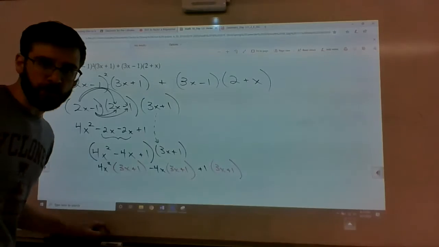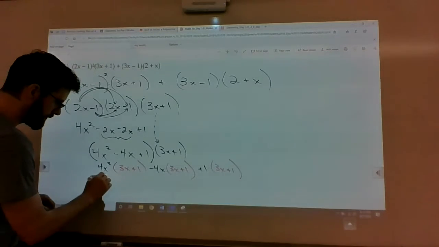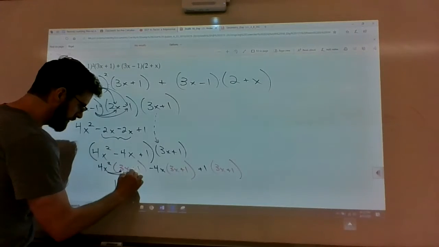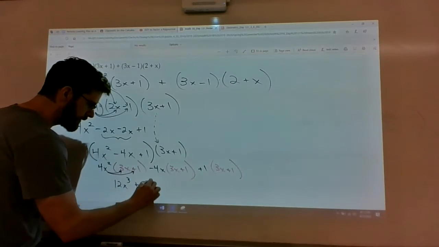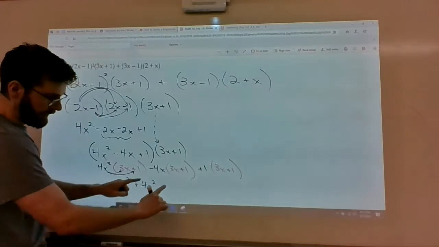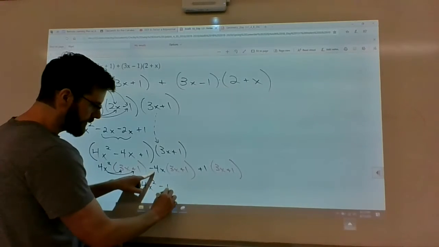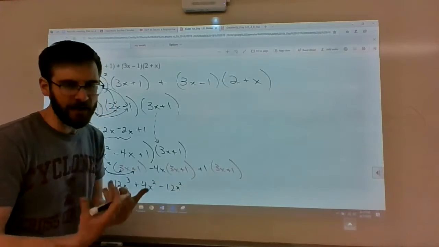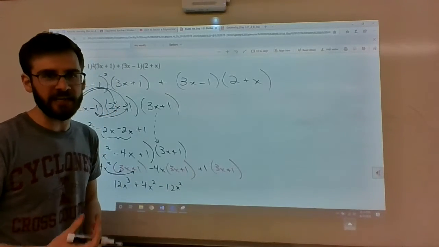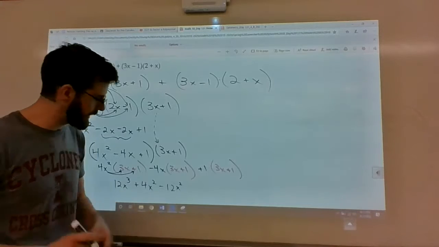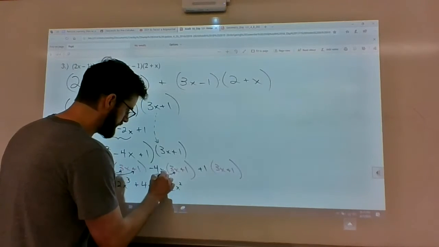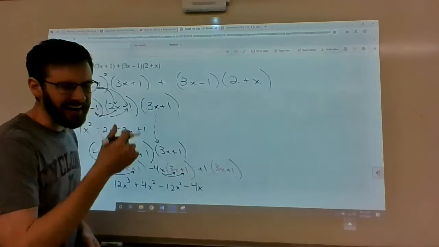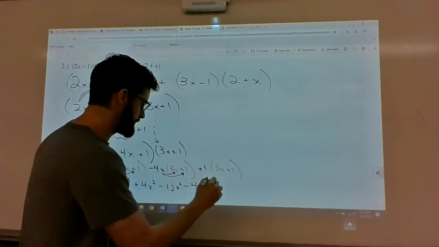So this ends up being 12x to the third power plus 4x squared, negative 12x squared. The details on these are very important. You could easily miss a squared or forget an x. Just pay attention. Be on high alert for those things.